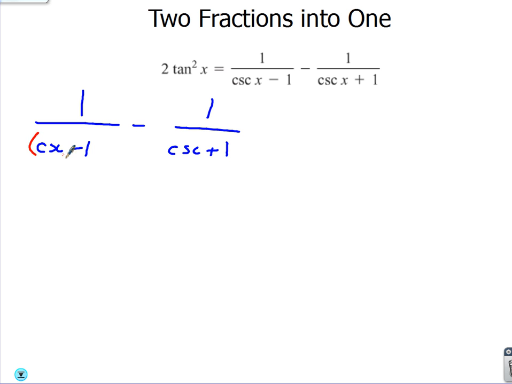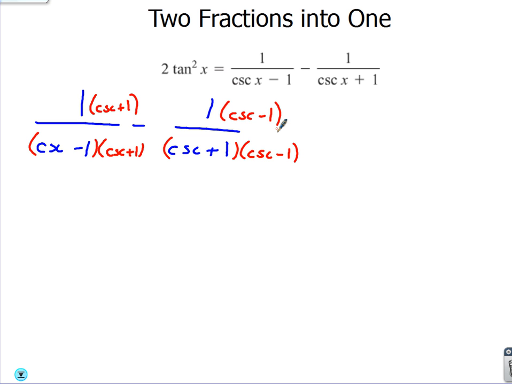Common denominator. What are we going to multiply top and bottom by here? Good. Cosecant plus 1. And we know what's going to happen here. When we multiply these two conjugates, I'm going to have cosecant squared minus 1.